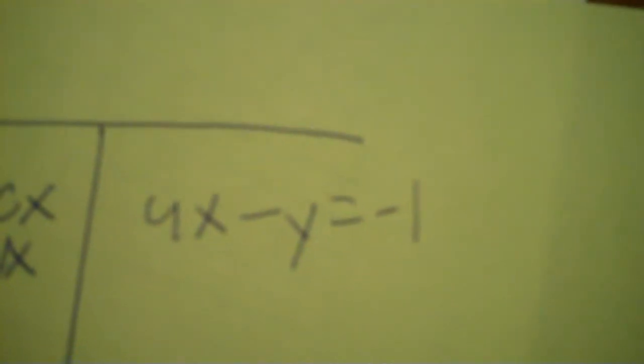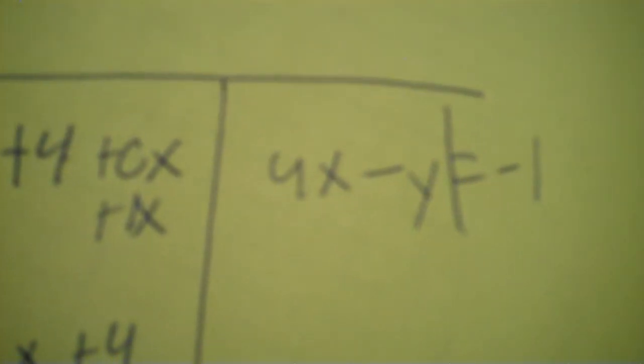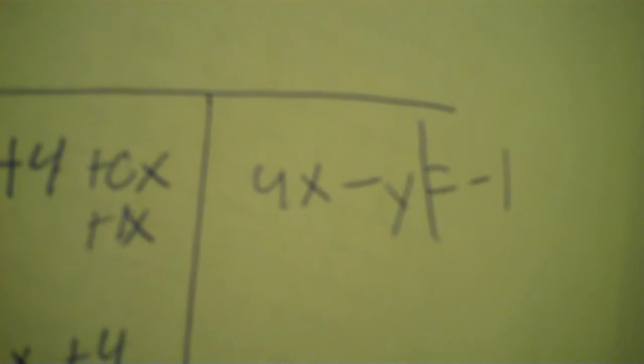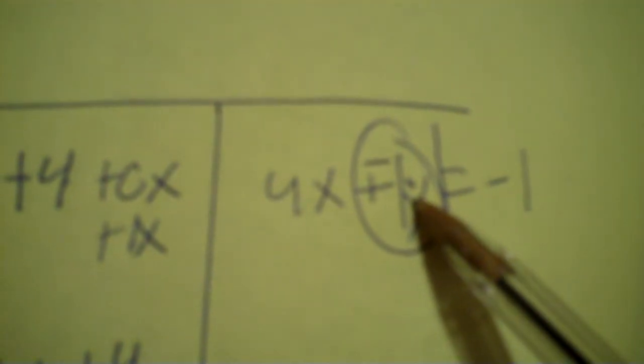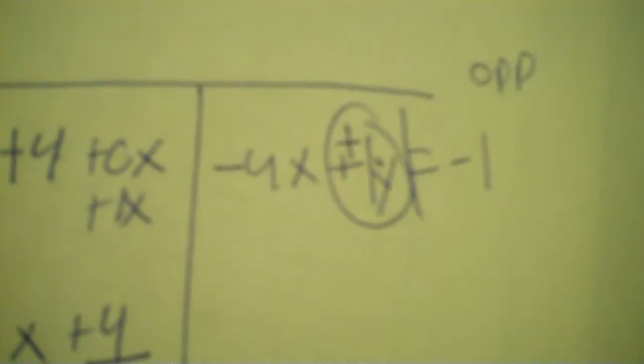Now the other equation, do you have y and x? Yes, you do. Make a wall on the y side. Okay, y is not by itself, so we got to first apply a 1, make it plus, negative, dot, and circle it. You can't have a negative there. You need to do the opposite rule. That goes to a -4, that would go to a +1, and that would go to a +1.